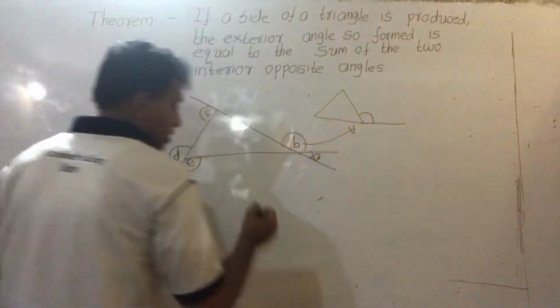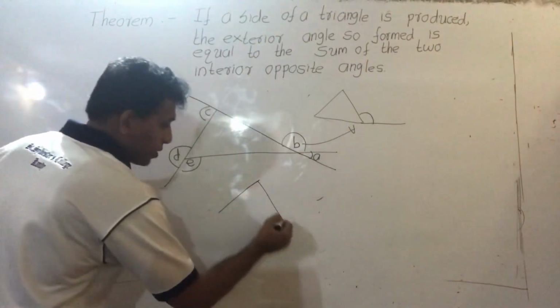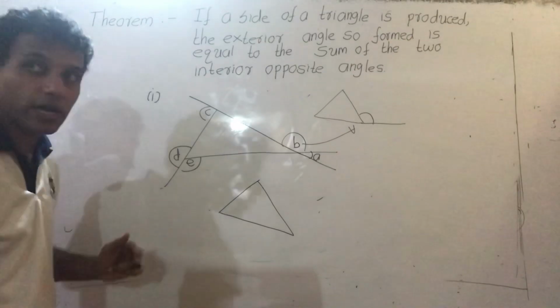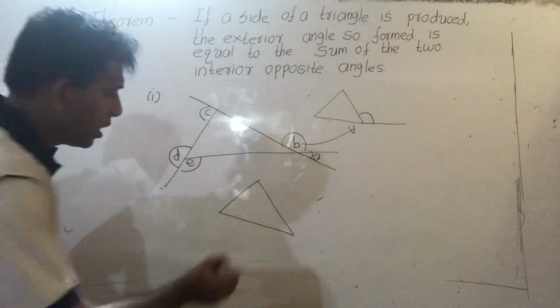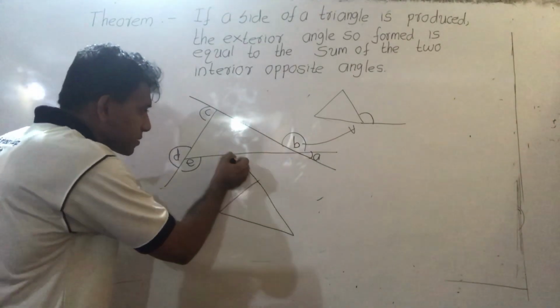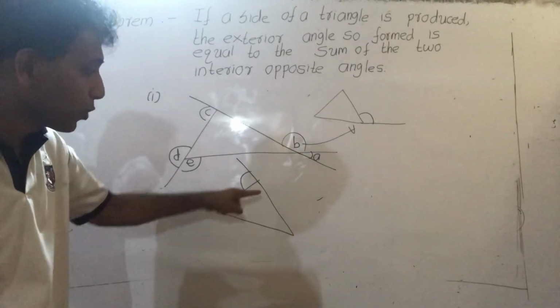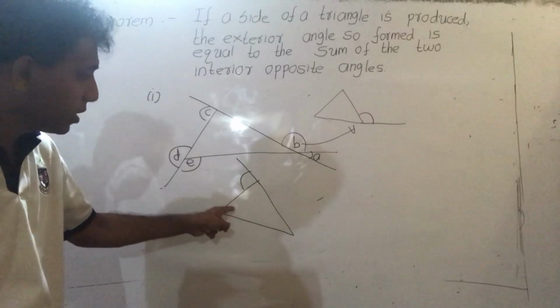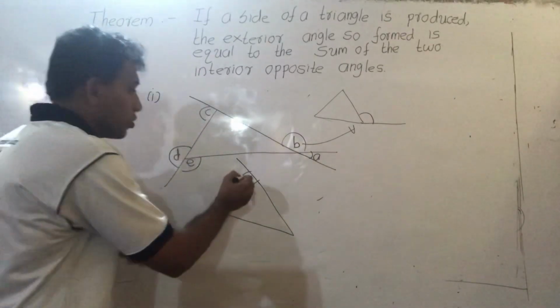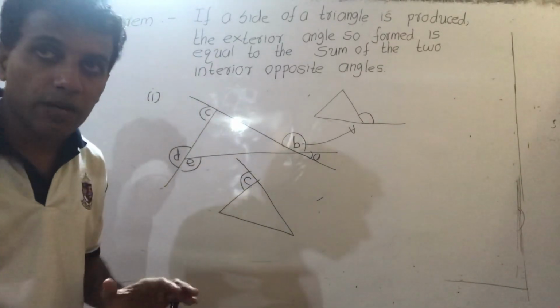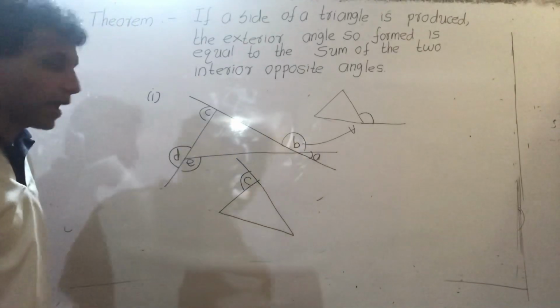See another one. I'm briefly showing some more diagrams, right? It's a triangle. What happens if I produce this? This is also an exterior angle. Bahira kona, pura kona, veliye ulla kona. C is also an exterior angle. Mark that. C is the exterior angle.